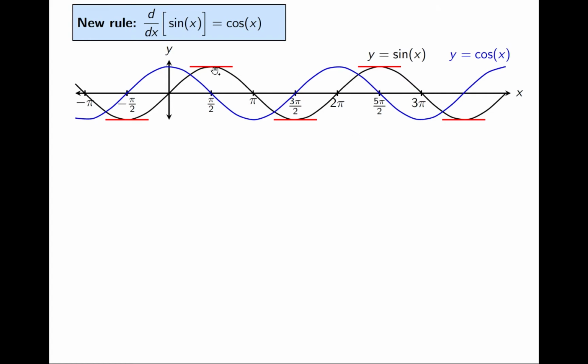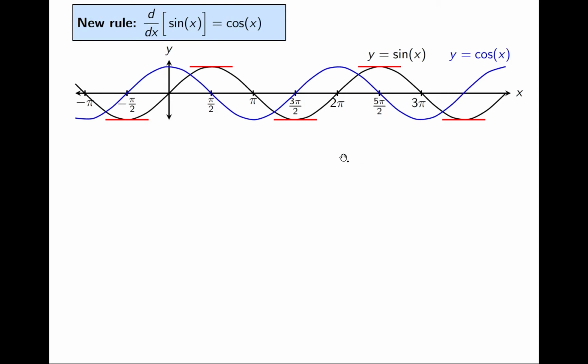For example, look at the graph of sine of x and at the points at which the tangent line has slope 0. At pi over 2, at 3 pi over 2, at 5 pi over 2, at negative pi over 2. Sine of x has slope 0 at all of those points, and that's exactly where cosine of x is equal to 0.